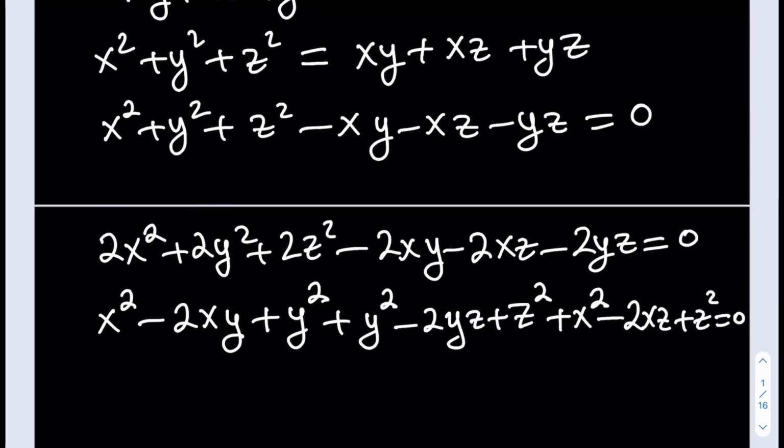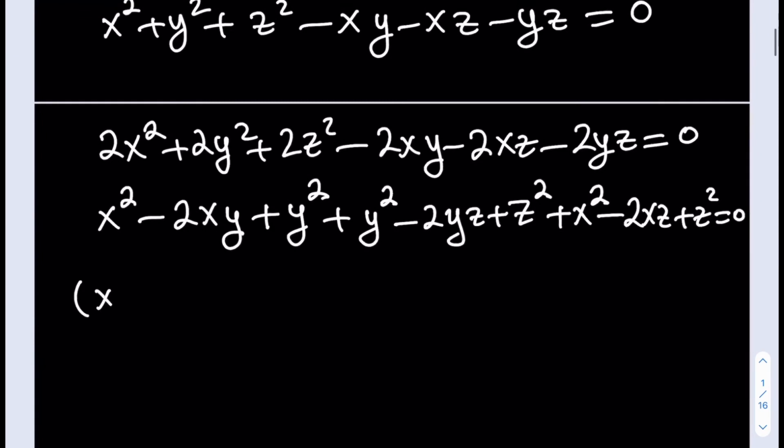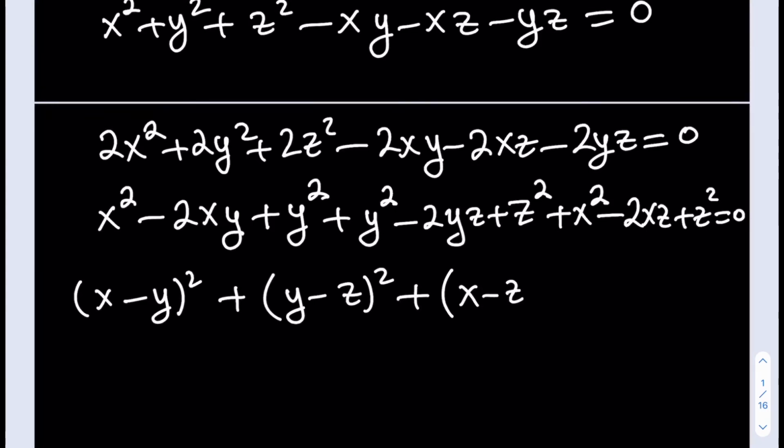Cool. Now, this expression is made up of 3 perfect squares. So let's go ahead and write them. The first one is x minus y squared. The second one is y minus z squared. And the third one is x minus z squared. And the whole thing is equal to 0.